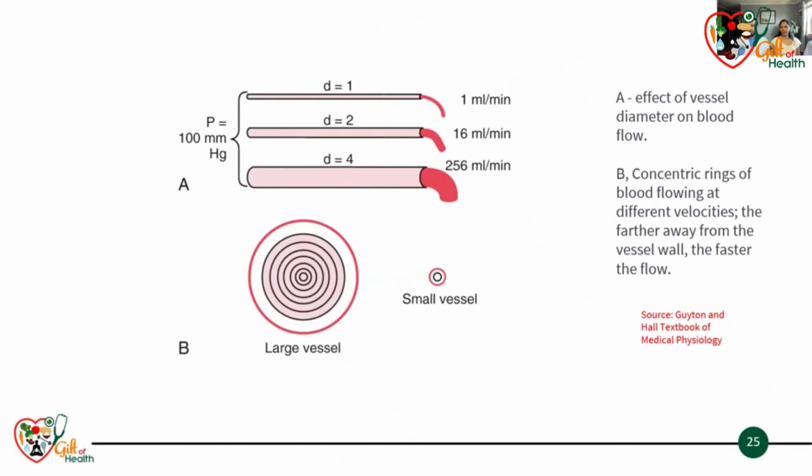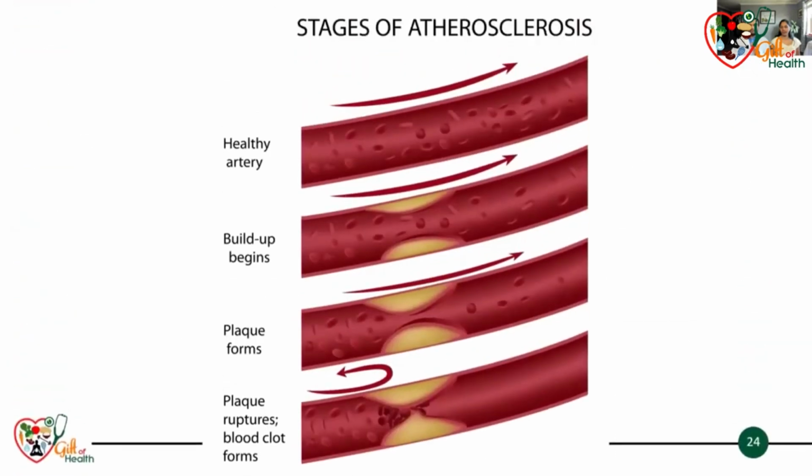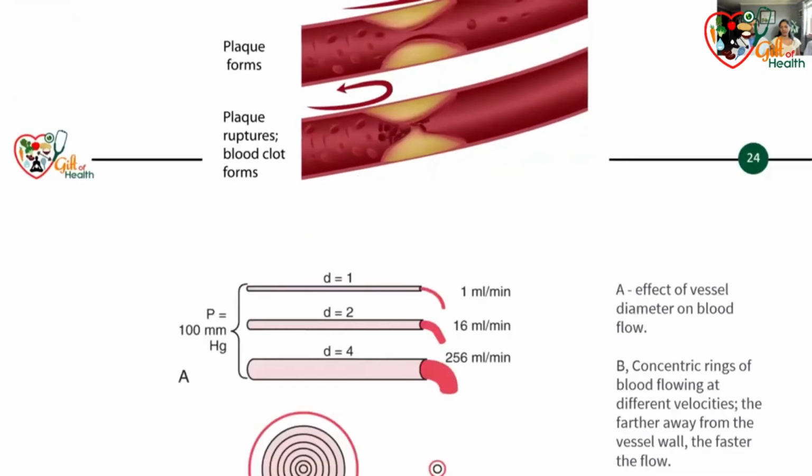In a smaller blood vessel versus a larger blood vessel, the flow is much faster. In a larger blood vessel, you see the flow is easy and smooth, whereas in a smaller blood vessel, the body has to work hard. The pressure has to be much more to maintain the flow.